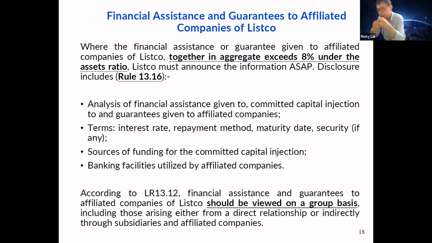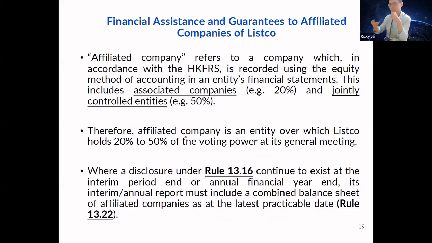What are the interest rate, repayment method, maturity date, and securities in the terms of the loan agreements, the source of financing and funding for the committed capital injection, and the banking facility utilized by the affiliated company. According to the rule, financial assistance and guarantee to affiliated companies should be viewed on a group basis, including direct relationships or indirect relationships through subsidiaries and affiliated companies.